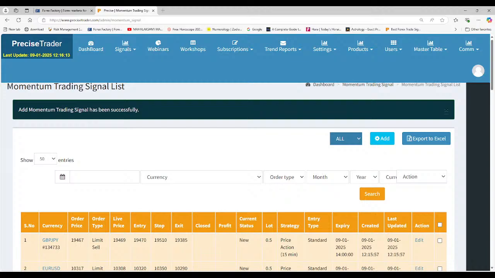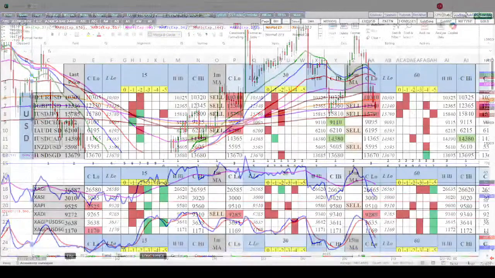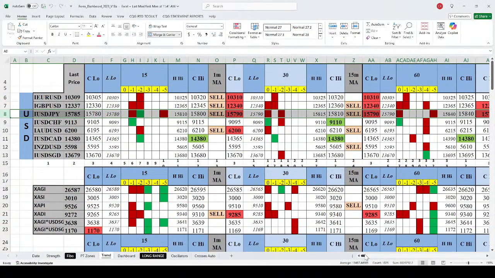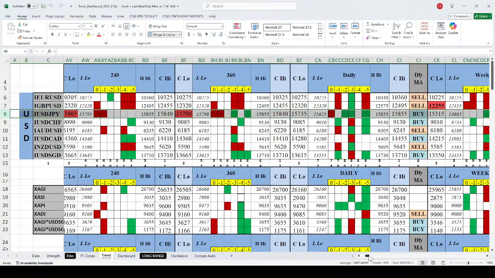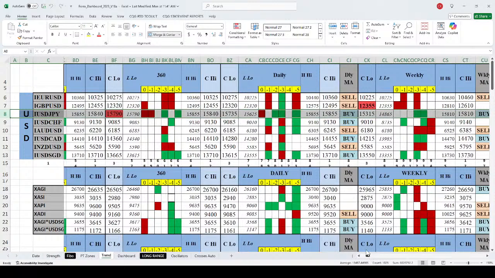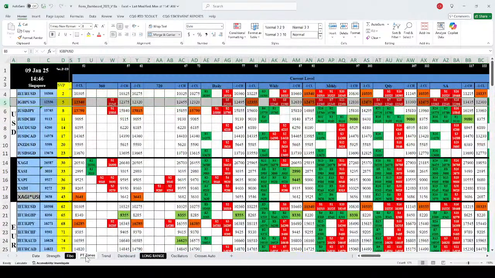Now let's go back to our analysis on the dollar yen. Dollar yen is showing a downtrend on the 360 and daily, but on the weekly it is flat. So expect this low to break. We need to see how far this market can extend, because this is range trading.